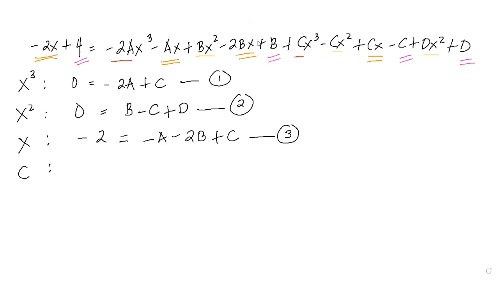Then we will equate constants. So you have a 4 on the left, and you have here b, and you have here minus c, and you have here a d. This is equation 4.